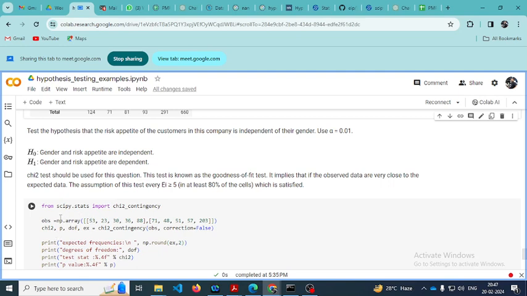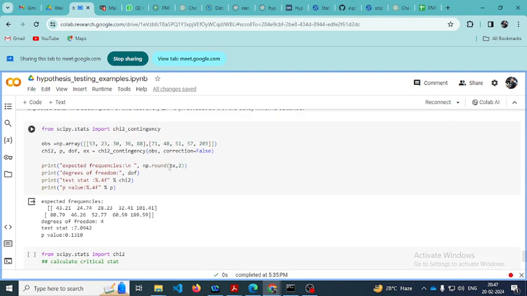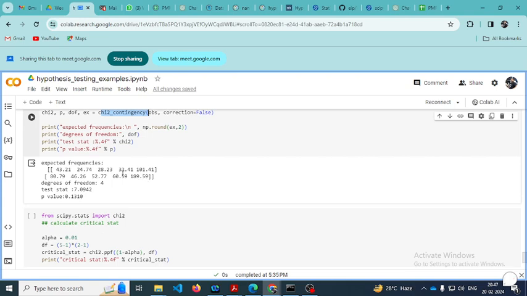You take that observation, that means that is one sample. Then for those observations, you can use the chi-square contingency test. I think you know the basics of this chi-square test. You will get the degrees of freedom, the p-value and the test statistic.